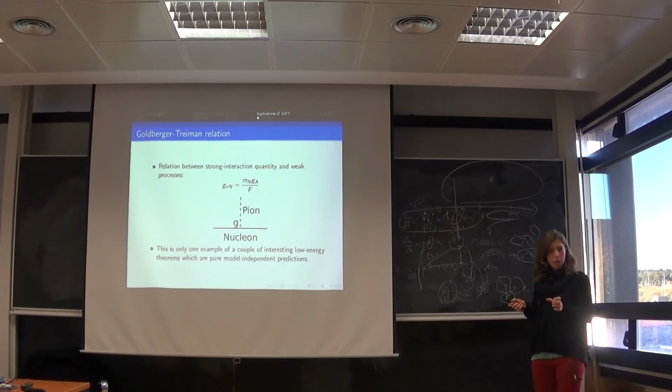And by using Chiral perturbation theory, we could see that it's actually a very simple value that comes out. It depends on the mass of the nucleon, so of the proton or the neutron, on the g_A coupling constant I talked about before, and the F, the weak pion decay constant that I also talked about before.